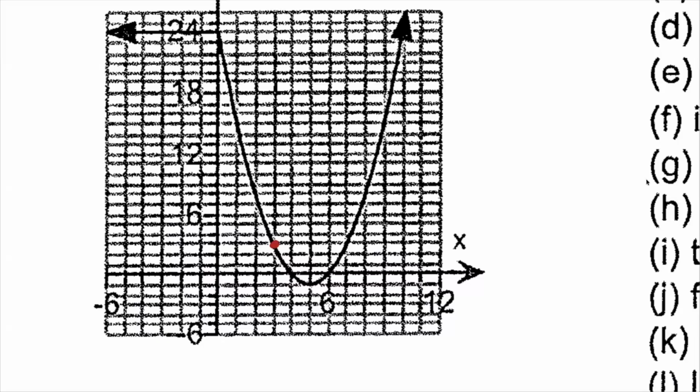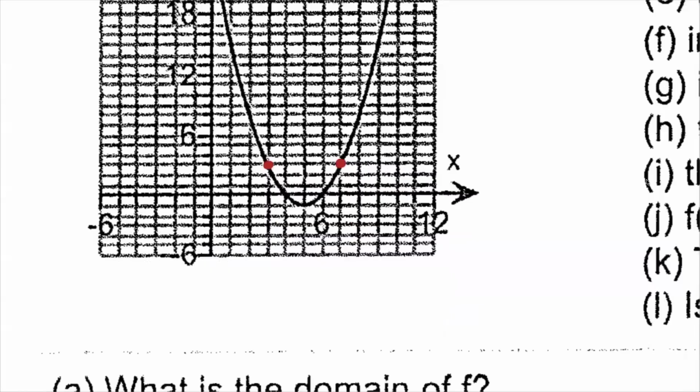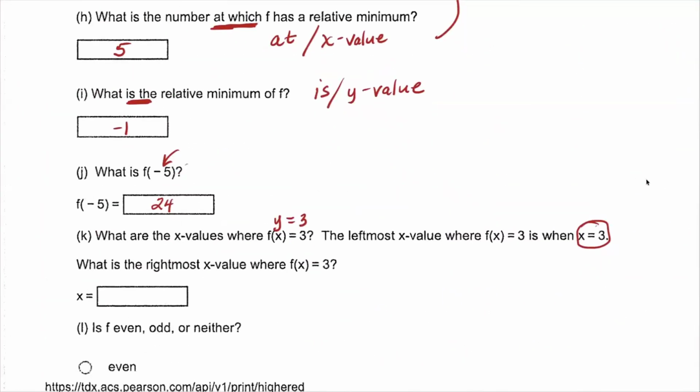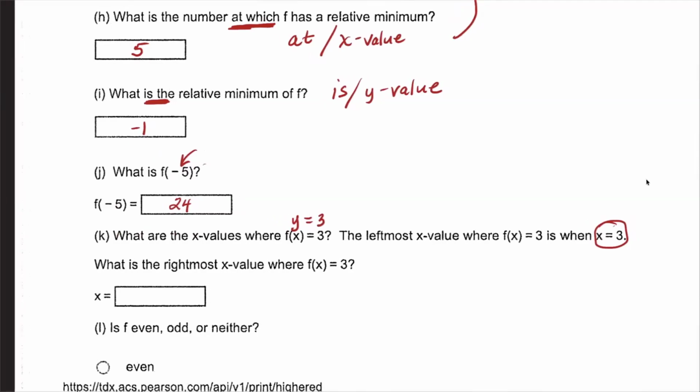And then keep going and you'll find another one over here where y equals 3. Both of those happen where y equals 3. It's 1, 2, 3, 4, 5, 6, 7. So 3 and 7. I think they give you one of them. It says the leftmost x value where f of x is 3 is when x is 3. So they gave you that one. What is the rightmost? Well, that one is going to be where x is 7.